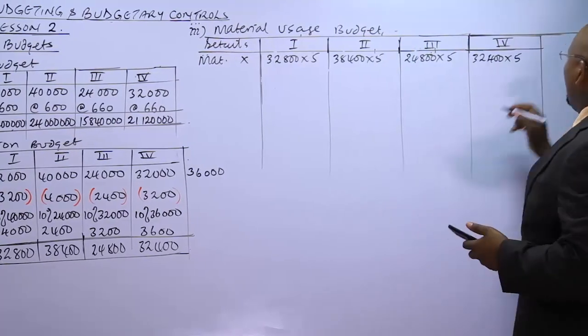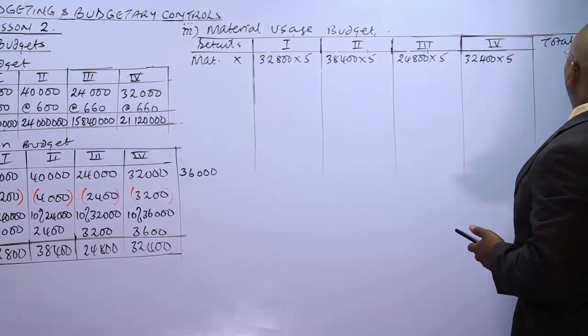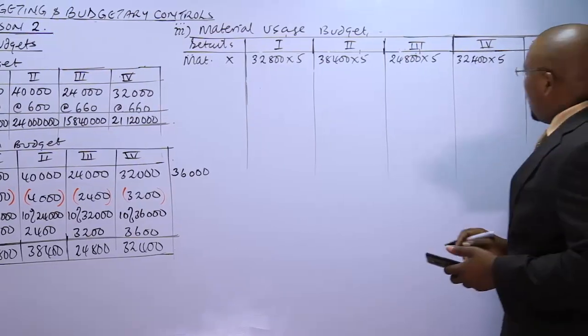And per quarter, I would also want to know the total for material X, Y downwards.